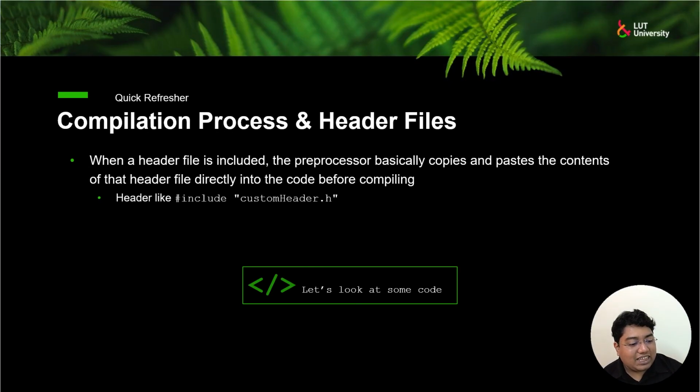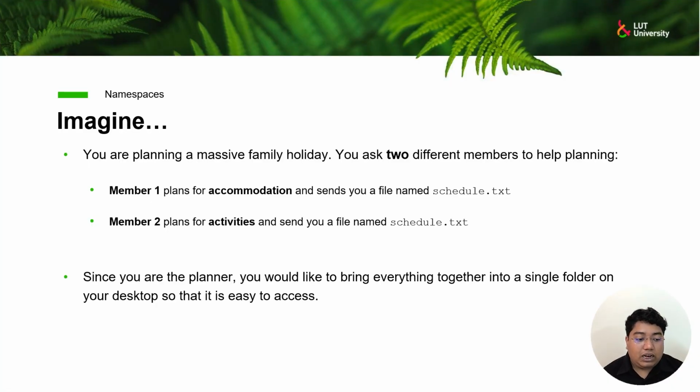Okay, let's set that aside for a second and let's talk about something else that has nothing to do with namespaces or anything at all. Let's imagine you are planning a big family holiday. You've got two people helping you out. One person handles accommodation and they hand you back a file called schedule.txt, and the other person handles activities and they also send you back a file called schedule.txt.